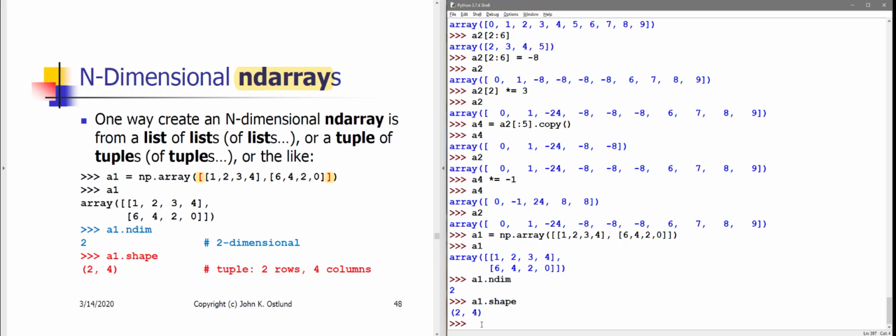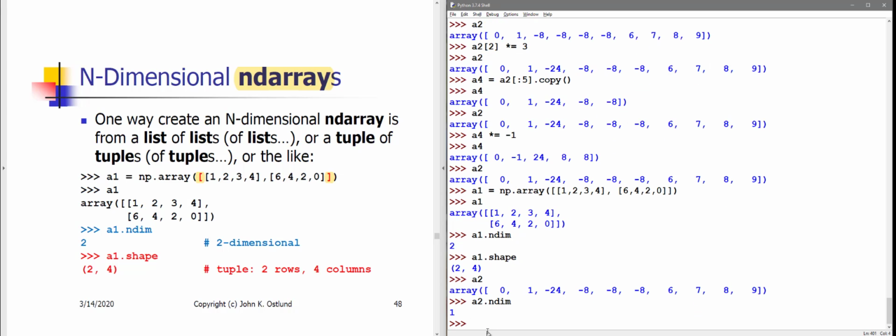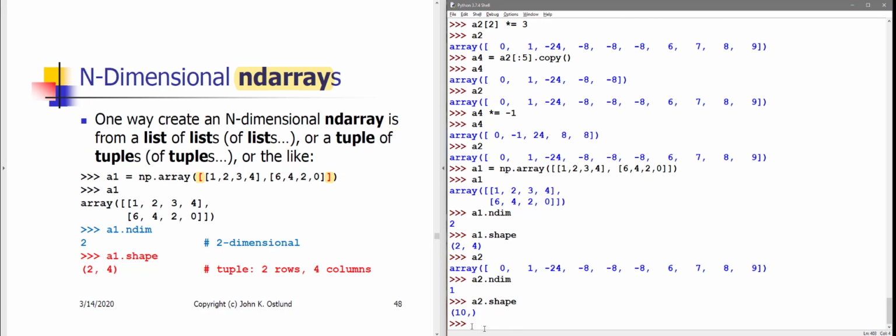Now, we still have A2 from back up here, and A2 is one-dimensional. If I ask for A2.ndim, I'm going to get 1. And if I ask for A2.shape, I get a one-tuple. It's still a tuple, but it's a one-tuple here, telling me that there are 10 items within this ND array object A2.